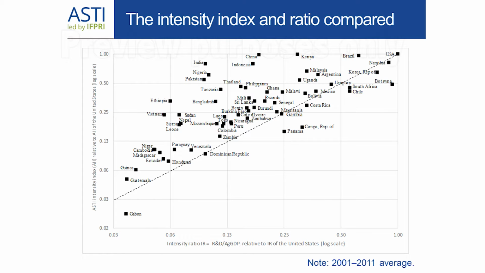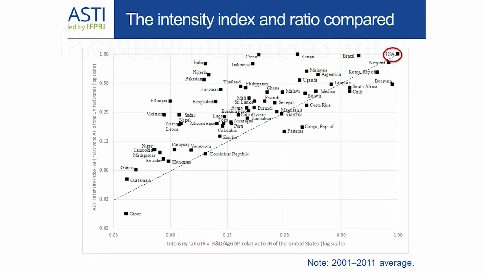This figure is comparing the ASTI index, which is measured on the vertical axis. The vertical axis is the proposed ASTI index measure, and the horizontal axis is the traditional intensity ratio. So if you compare the countries based on the traditional intensity ratio, you compare countries from right to left.